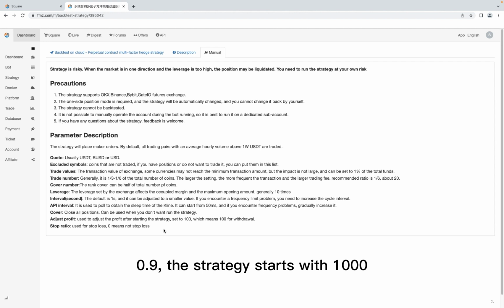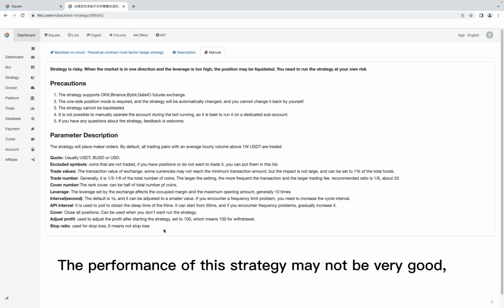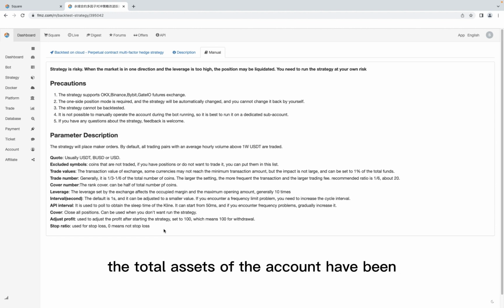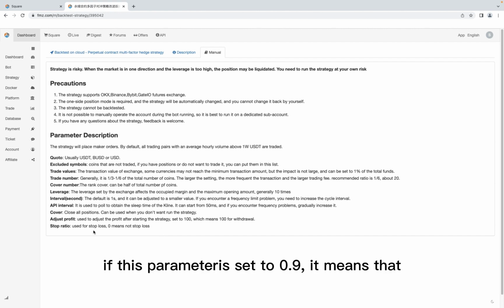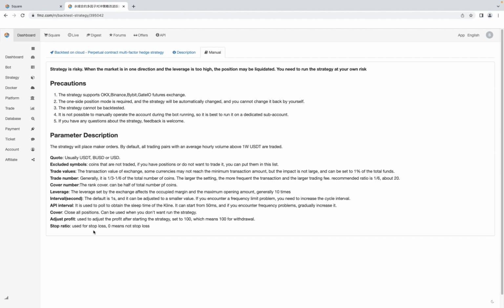0.9, the strategy starts with 1000 USDT as the initial capital. The performance of this strategy may not be very good. The total assets of the account have been rolled back from 1000 USDT to 900 USDT. If this parameter is set to 0.9, it means when it is lower than 90%.